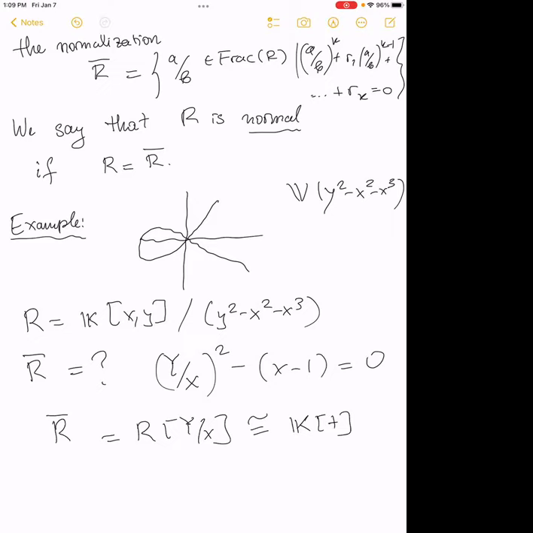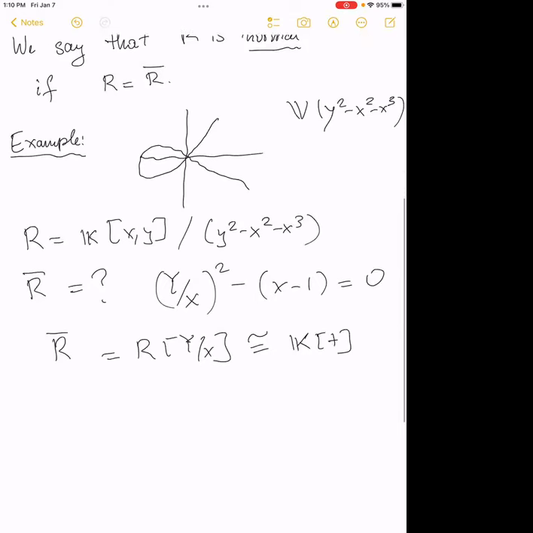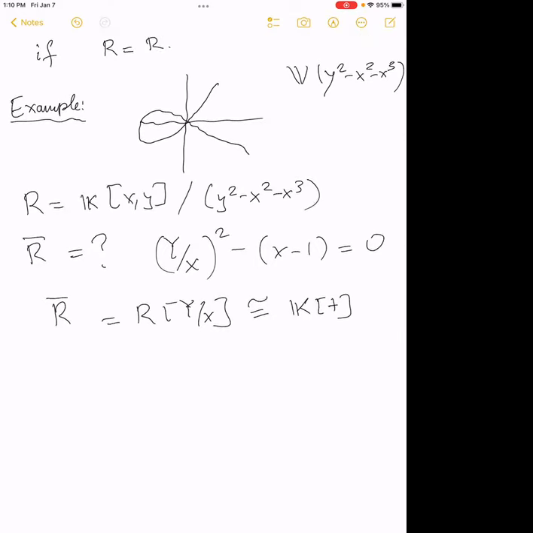Geometrically, this corresponds to the desingularization of this curve. You see these two strands that meet at a point. The normalization separates the strands and you get a smooth curve. So an important example: the normalization procedure in algebraic geometry resolves the singularities of curves.